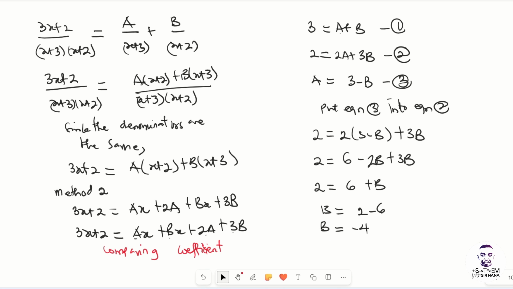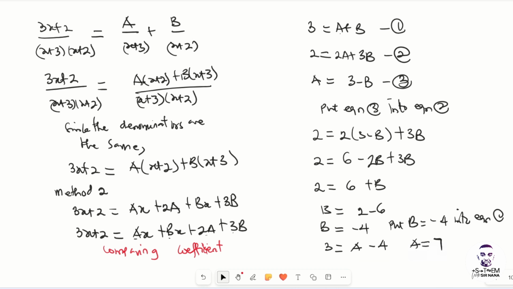And then once we've done this, we want to go through and get our a as well. So we are going to substitute b into equation 1, right? So put b, which is equal to negative 4, into equation 1. So that implies that we are going to have 3 to be equal to a minus 4. So when we move 4 across the equal sign, we will have a to be equal to 7, right?